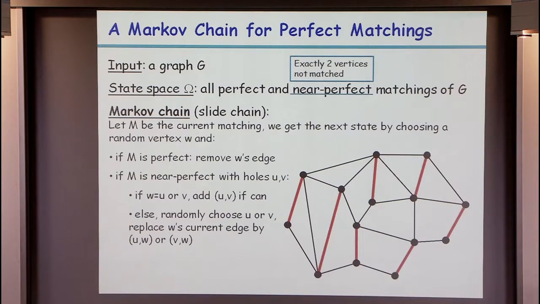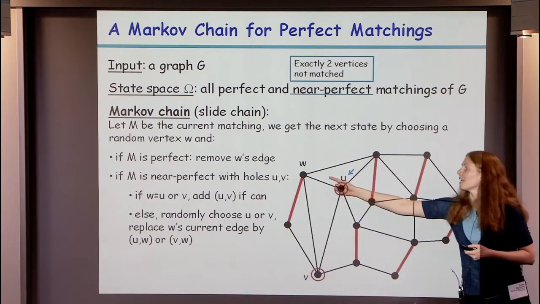Okay, so what it does, here I have a perfect matching. Now I am going to choose a random vertex. It's just a small modification to speed up the chain, to decrease the probability of the transition. So I'm choosing a random vertex. If it's adjacent to a matching edge, I take it out. Now, and that introduces 2 holes, 2 uncovered vertices. And now I, again, choose a random vertex. And I choose one of the holes.